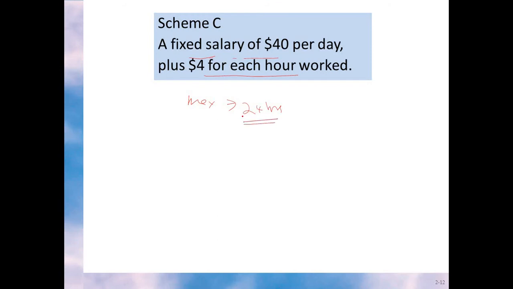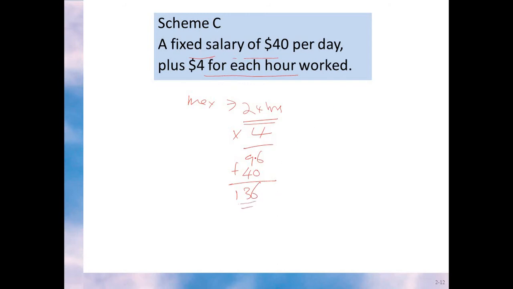If this worker works 24 hours, 24 hours times 4, we have calculated just now, it is 96. But now this worker has a fixed salary of 40 per day, so we need to add another 40, then we get 136, the maximum.